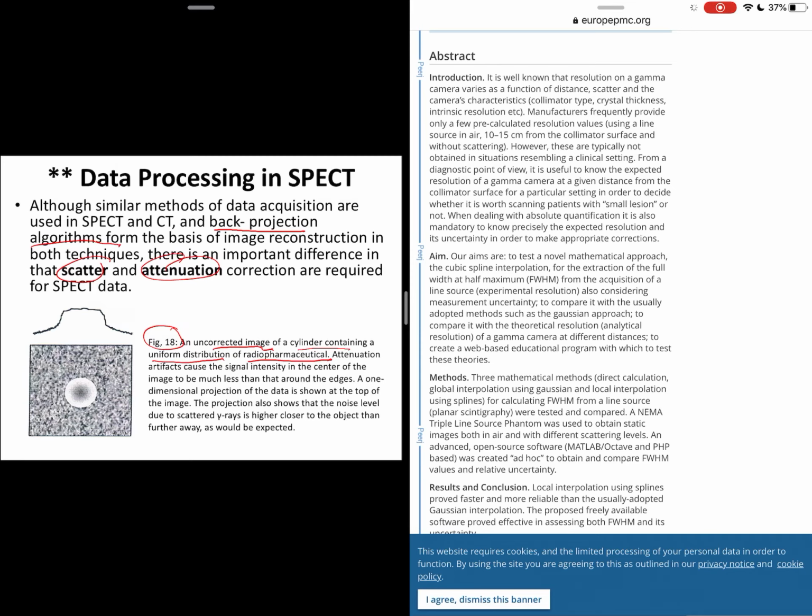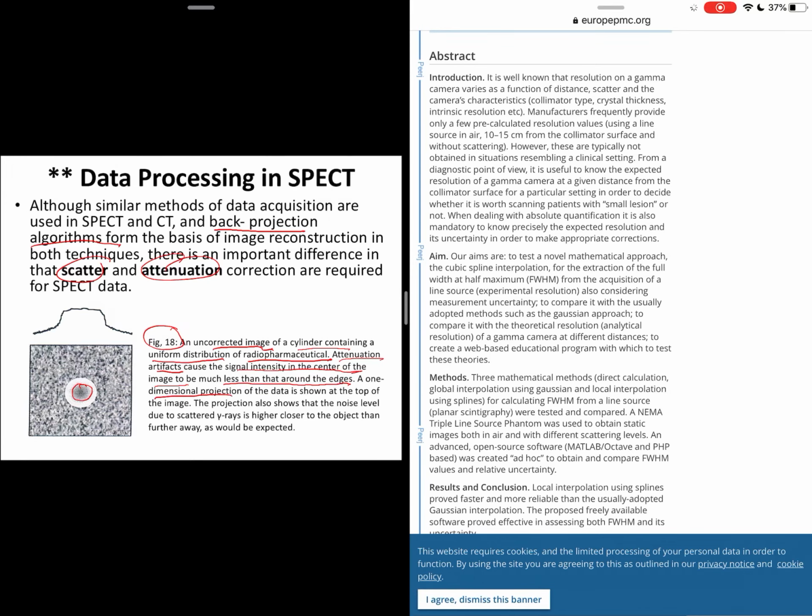As you can see in figure 18 here, it shows the uncorrected image of a cylinder containing a uniform distribution of radiopharmaceutical. The attenuation artifacts cause the signal intensity in the center of the image to be much less than that around the edges.